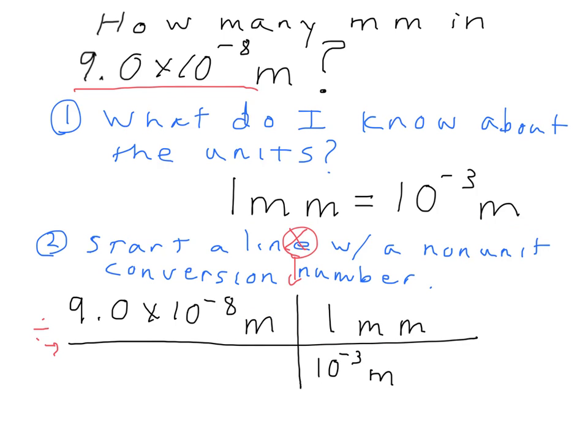So now I've placed it so that my meters have canceled out and I'm left with units of millimeters. Hey, that's the unit I'm wanting for the problem. So now I just have to multiply everything on top, divide through by everything on the bottom. And when I do that, I get 9.0 times 10 to the negative 5th millimeters.